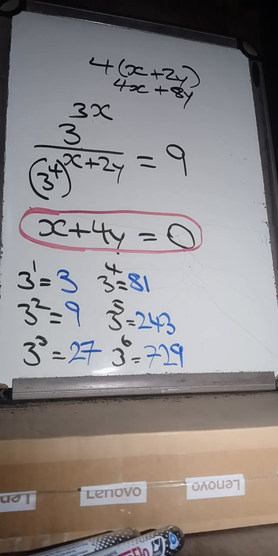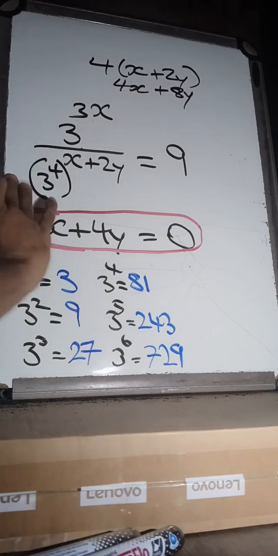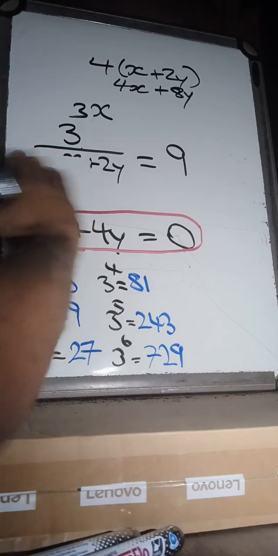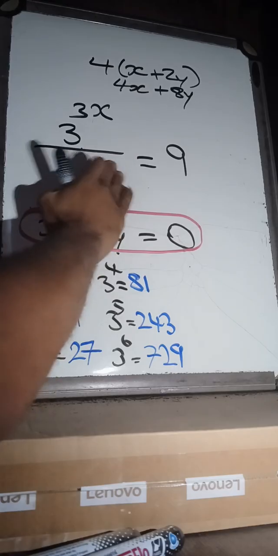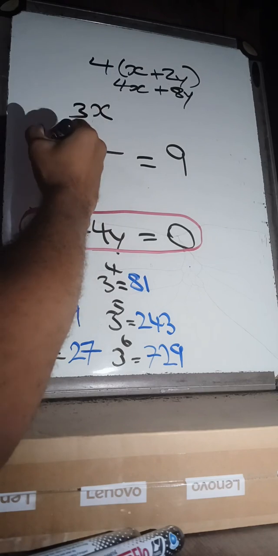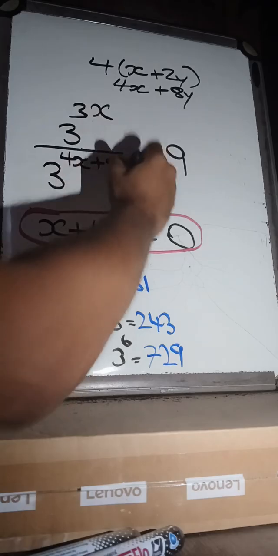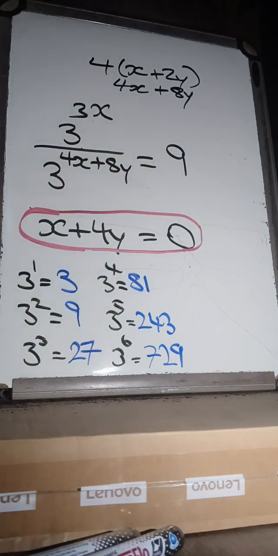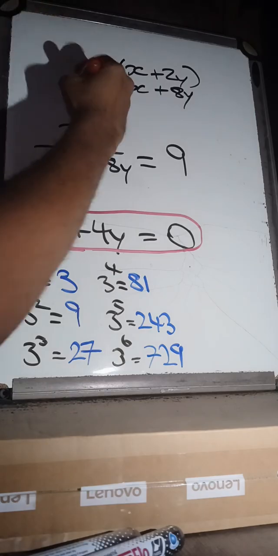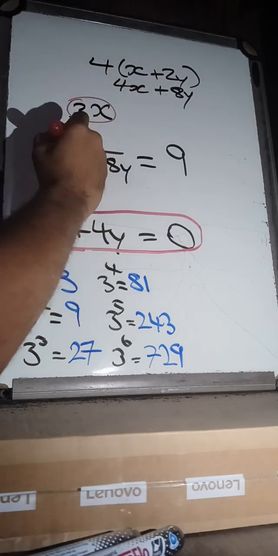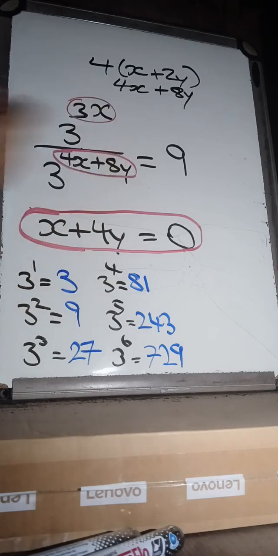All right, we'll do that. So we will have this, and we'll call it 3 to the 4x plus 8y, right? So you have this and you have this. So those are interesting things.